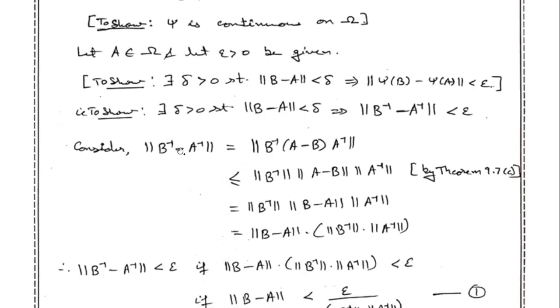So norm of B inverse minus A inverse, that is exactly where the trick comes, which we had seen in the last third review. What is inside the norm is nothing but B inverse A minus B A inverse. If you simplify this, you will get back this one.